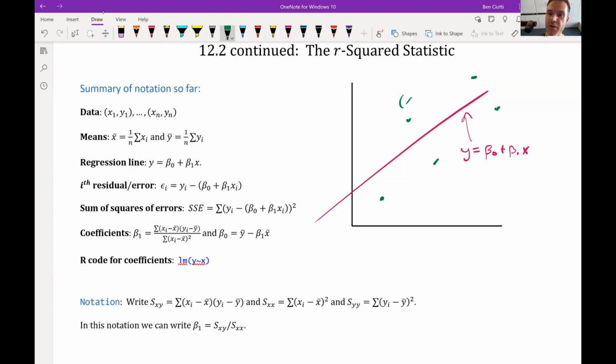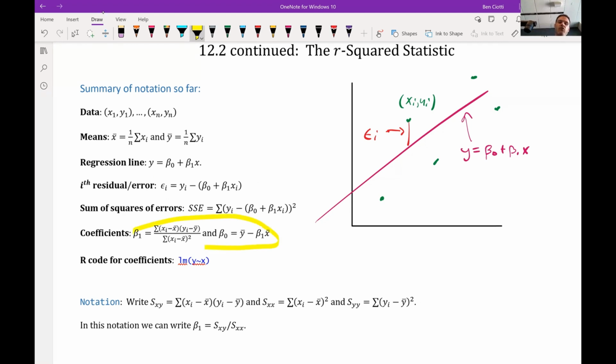Let's say this point is x sub i, y sub i, then this residual is epsilon sub i. And it's the difference of the observed and the predicted value. And the sum of the squares of the errors is, well, the sum of the squares of those residuals.